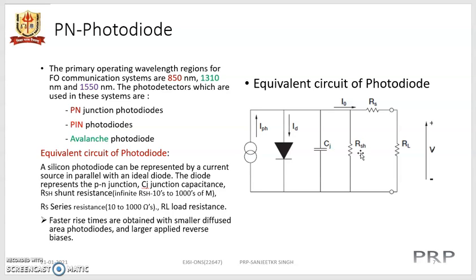RSH is the shunt resistance and its value could range from infinity to tens to thousands of megaohms, whereas RS, the series resistance, could be in the range of 10 to 1000 ohms, and RL is the external load that is connected. So for faster rise times, a smaller diffused area of the photodiode is expected and a larger applied reverse bias is required.